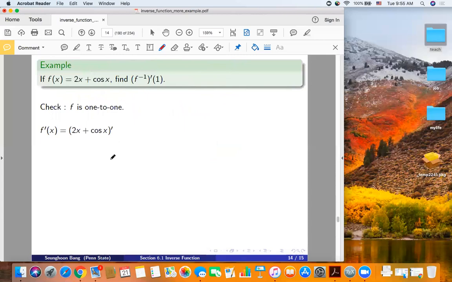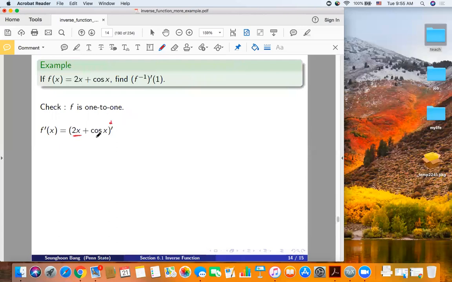You can take a derivative. f prime of x is the derivative of 2x plus cosine of x. What is the derivative of 2x? Yeah, 2, thanks.